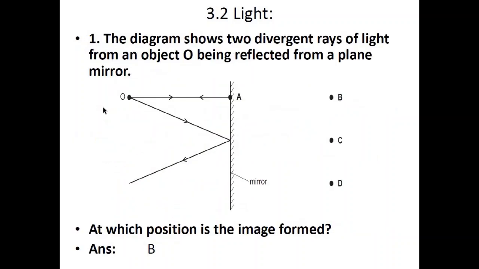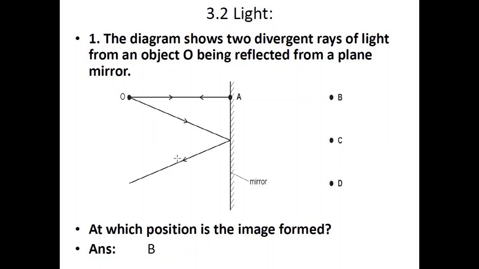The diagram shows two divergent rays of light from an object O being reflected from a plane mirror. Now you have to find out at which position the image is formed. This is the mirror. You simply have to extrapolate both these lines. This line is straight, so we'll simply extrapolate it like this.